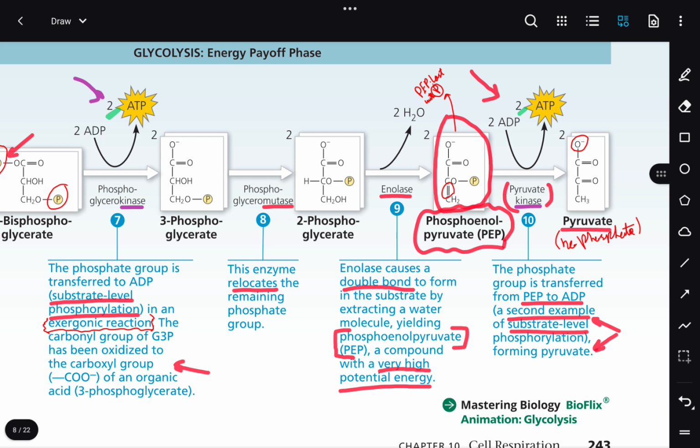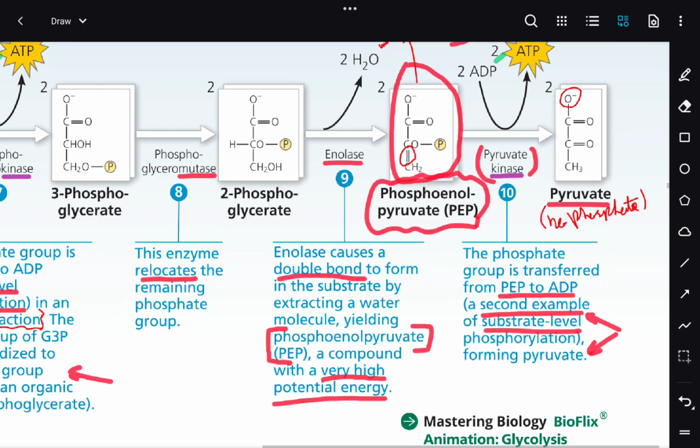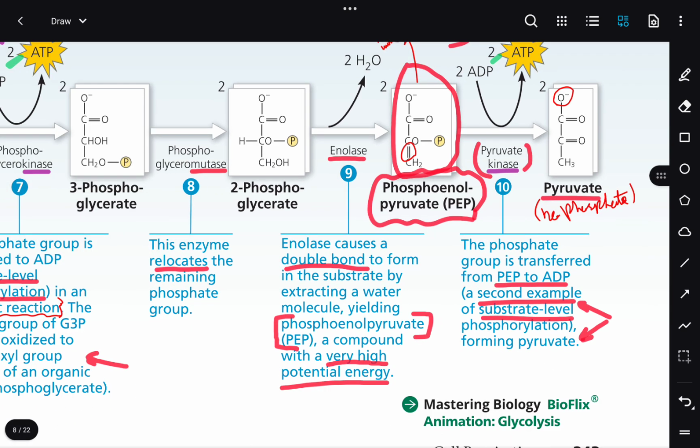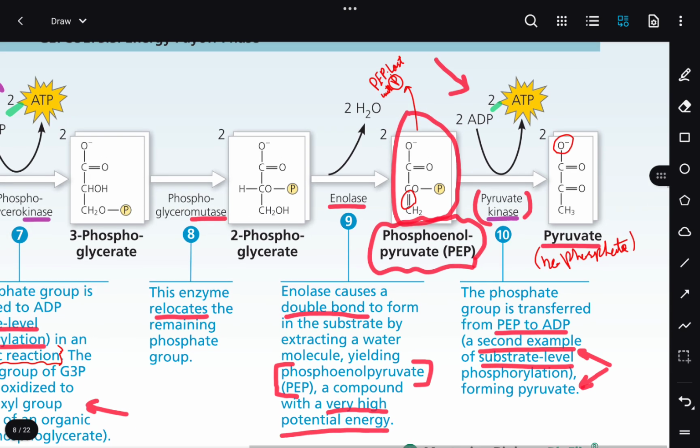Only the phosphate will be worked on, so that we can end up with a double bonded CO, pyruvate molecule, like 2 double bonded CO as a final product, which is the pyruvate, which is a high energy molecule, and we can see that because these bonds are very strong here, and generally that's the whole purpose of the operation.